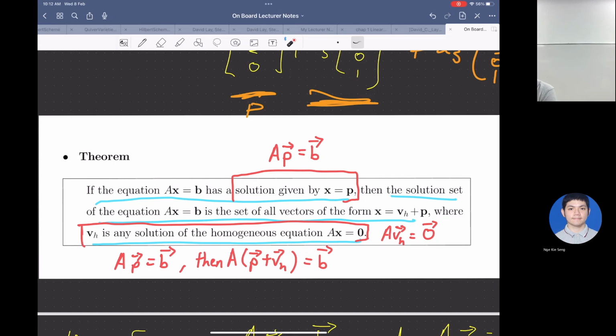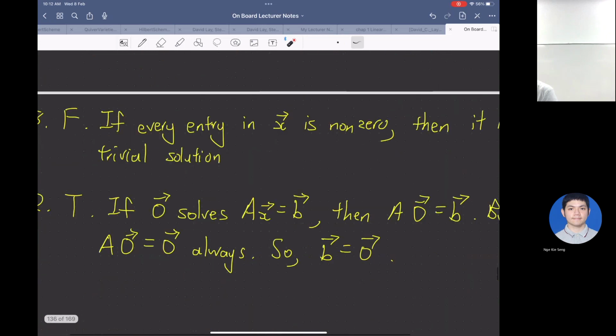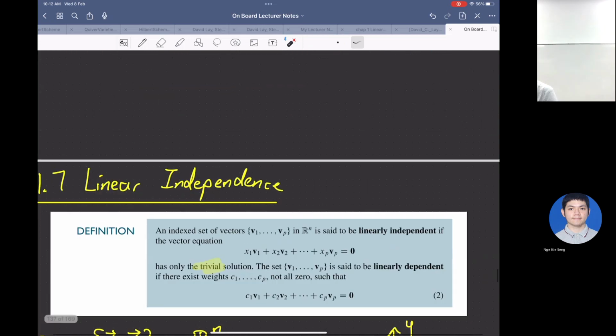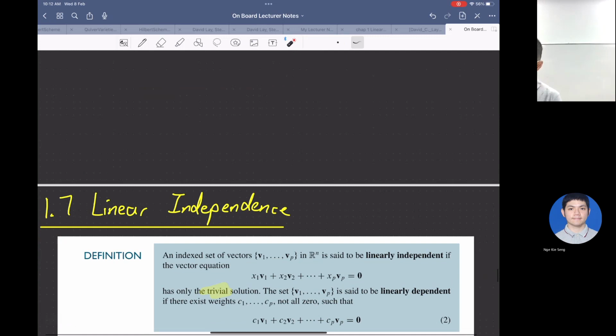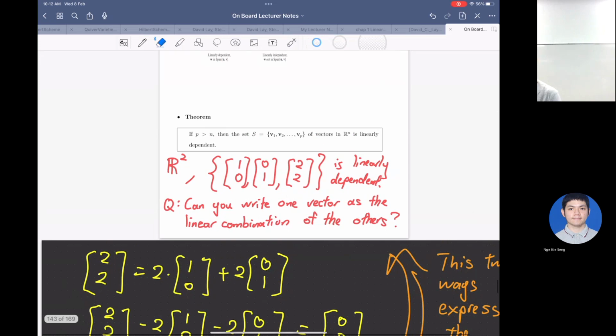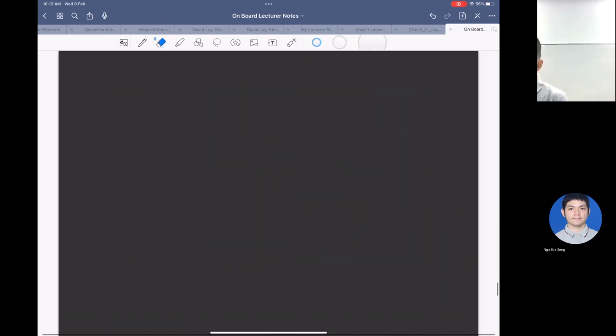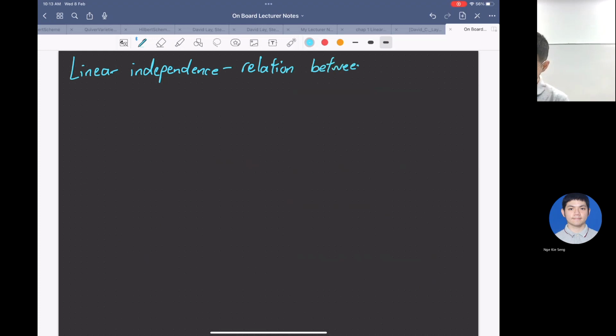Okay, the next bit is the definition of linear independence. Let us do one summary here. When I talk about linear independence, remember this is a relation between vectors.